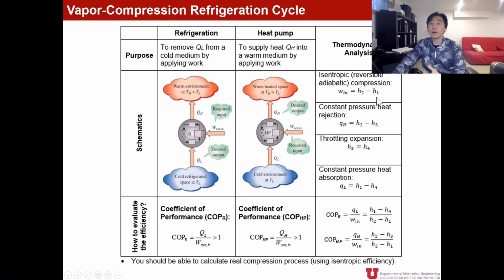Okay, and by applying the first law of thermodynamics for open system under the steady state condition, we can get those equations for each process to calculate the amount of work that we need to run the refrigeration cycle, the amount of heat we reject from the cycle, and the amount of heat that we have to take in to the cycle. And by using these equations, we can calculate the COP for refrigeration and COP for the heat pump using the enthalpy differences for each process. And that is what we learned.